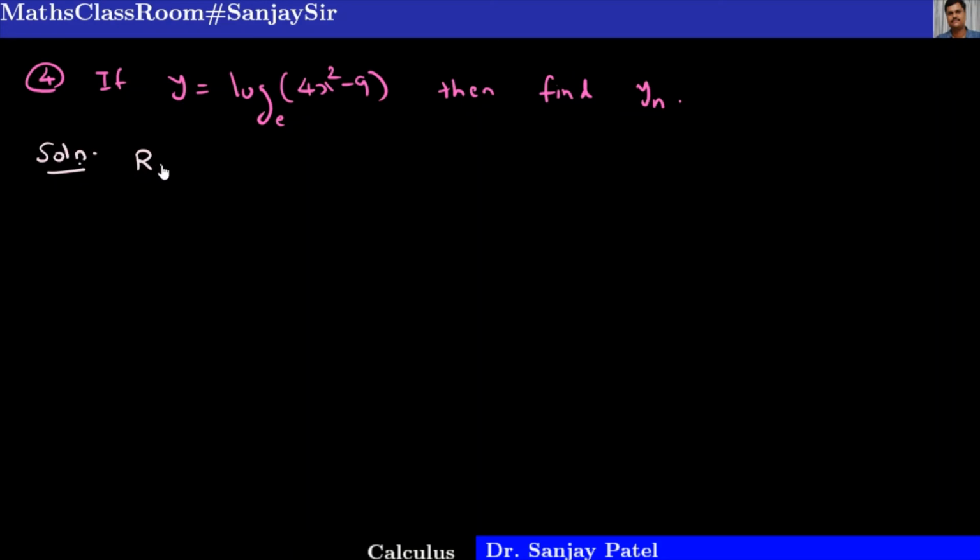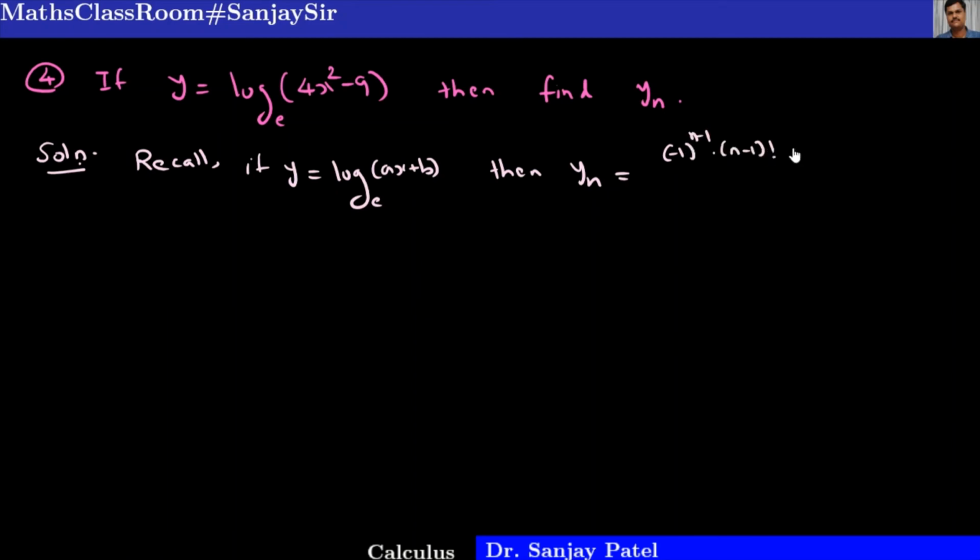We just recall the formula here. If y is equal to log of ax plus b to the base e, then its nth derivative, which we have derived, is minus 1 raised to n minus 1 into n minus 1 factorial into a raised to n upon ax plus b raised to n.